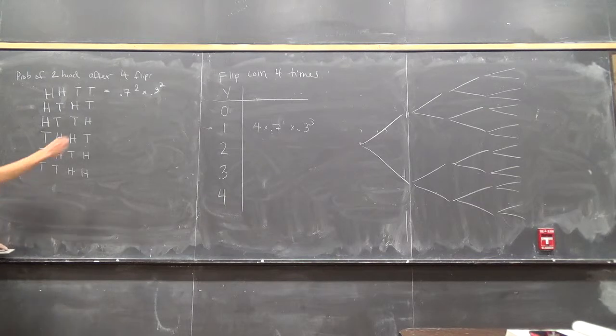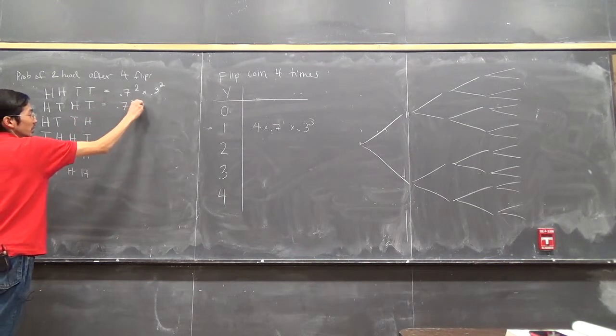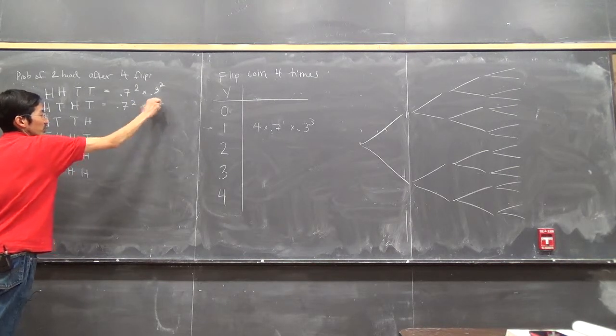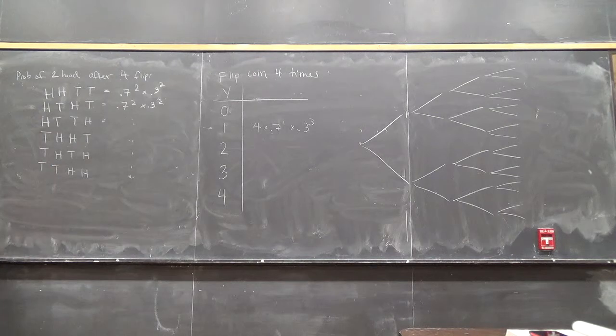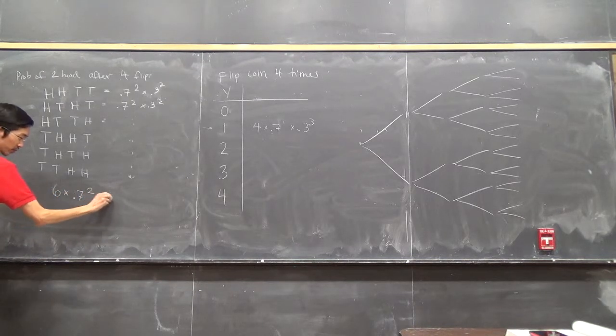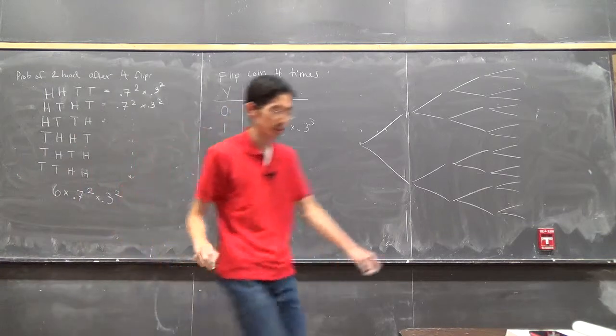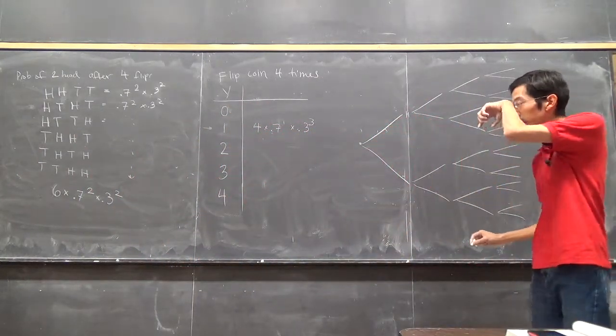Okay, and so all of these would be 0.7 squared times 0.3 squared. So all 6 have this same probability. So the total probability of all of this is 6 times 0.7 squared times 0.3 squared.